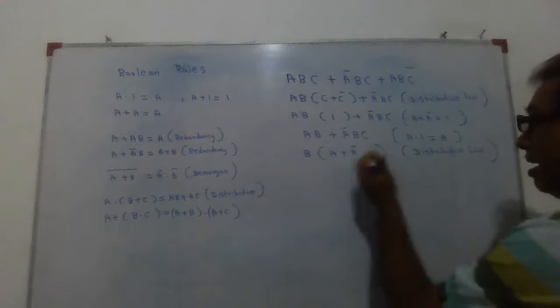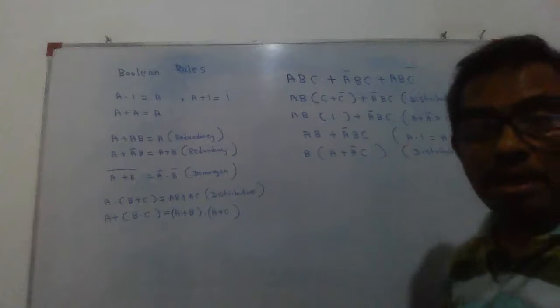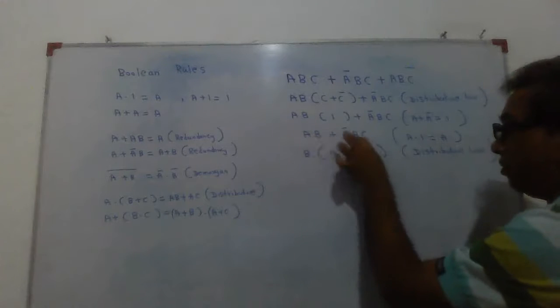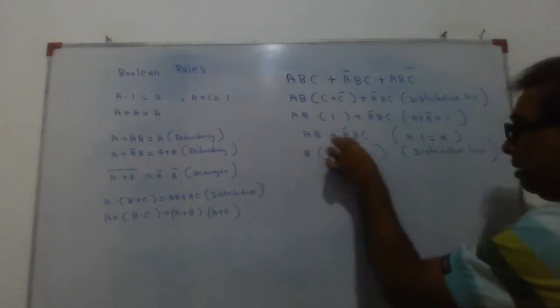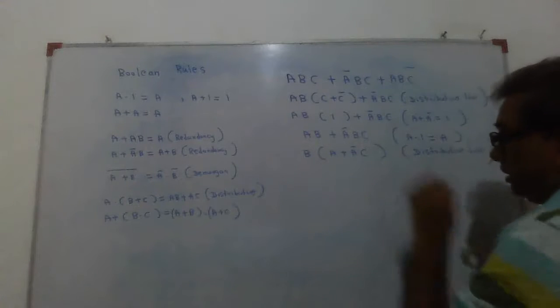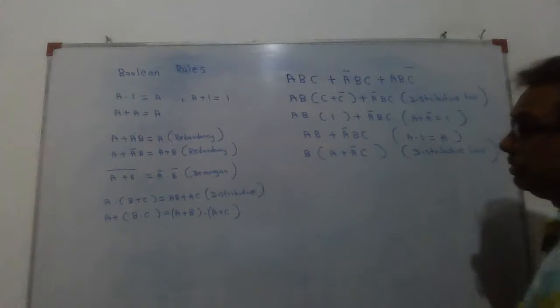A, or A bar and C. See? A, or A bar and C. Now, from these two, we have taken out B. So it remains C here. Now B and A, or A bar and C.